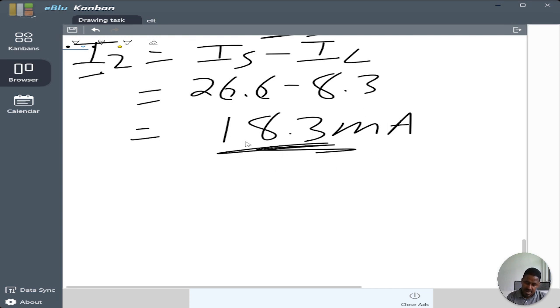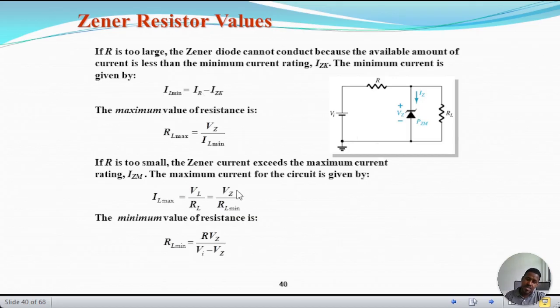So the total current of the Zener diode is 18.3 milliampere. So by this means, we can calculate I maximum, I minimum, and also the breakdown of the Zener diode by this equation.